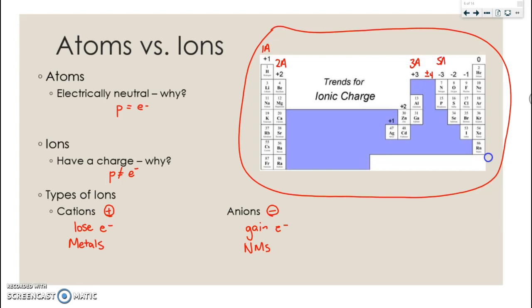Group 5A is -3, and then 6A is -2, and 7A is -1. You'll notice that transition metals don't really have normal charges necessarily, except for a few. Silver is always +1, and then zinc and cadmium are always +2. You'll want to memorize these charges so that you'll be able to use them when we name and write ionic formulas.